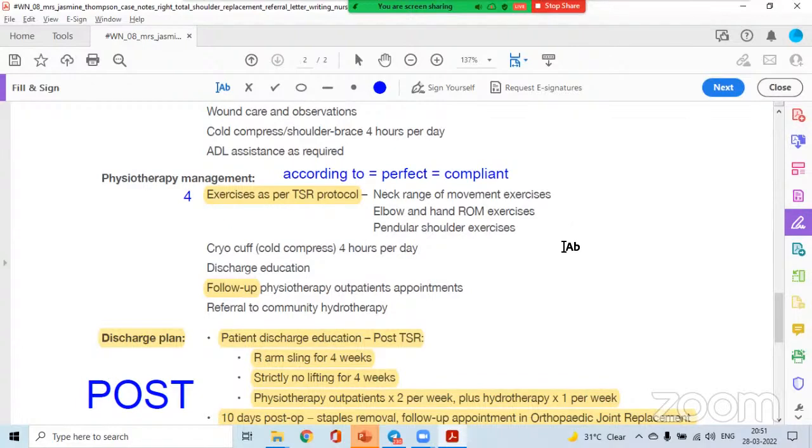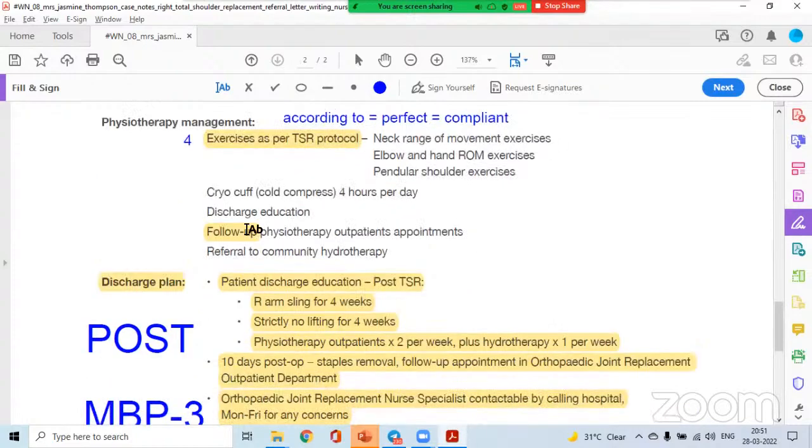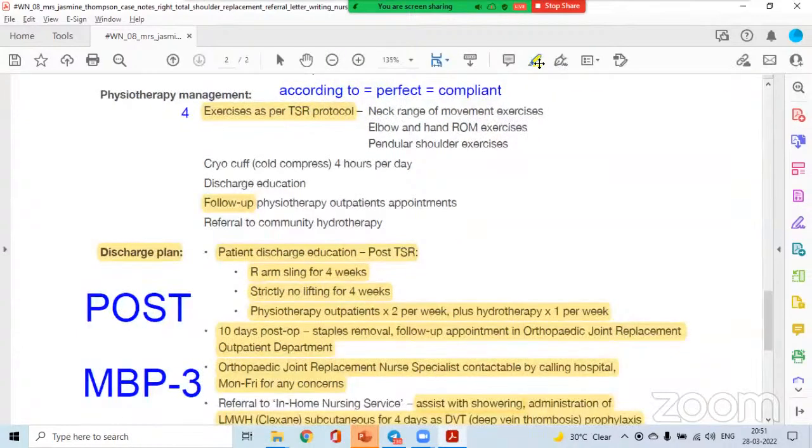What else is important? So you can see here, this is the point. Cryo cuff, cold compress four hours per day. Fine. Then next point is discharge education. So patient discharge education, that is what it is.